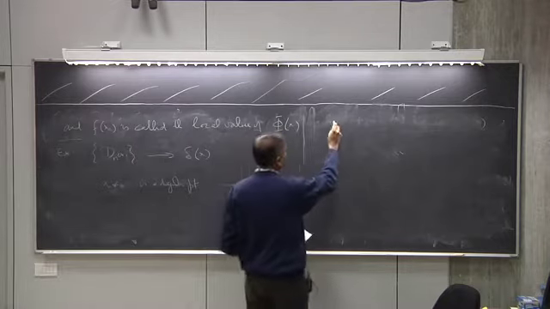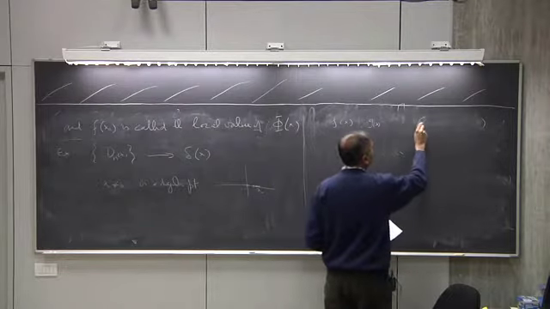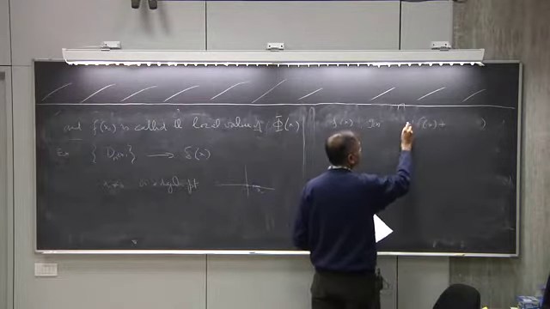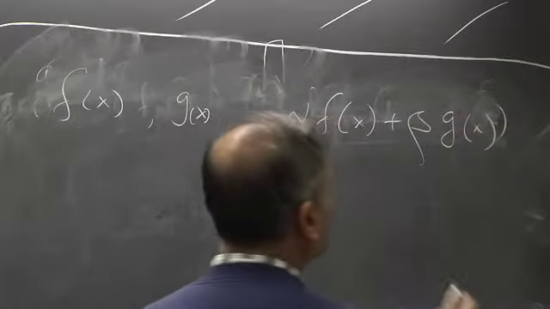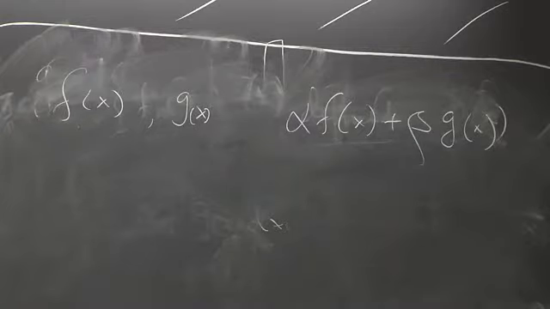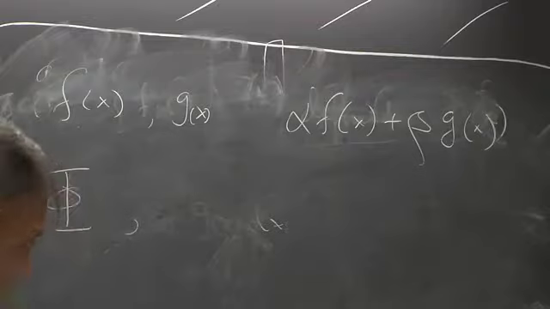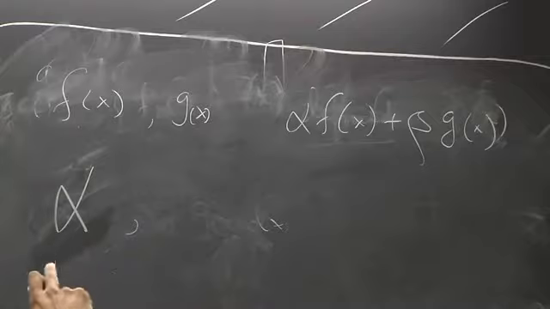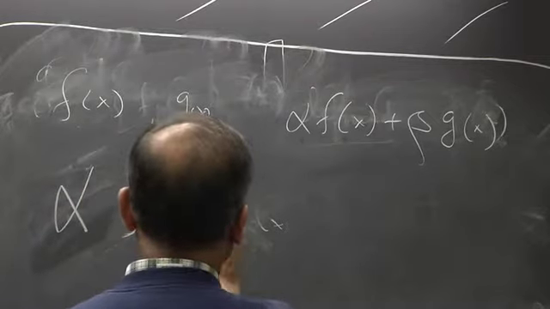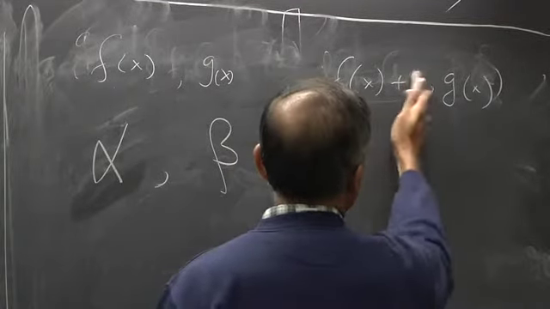So for example, adding functions. For ordinary functions, if I'm given f of x and g of x, then I know what is the meaning of adding these functions. In fact, any number times a function f plus any number times function g, I know what it means to add. So now suppose I'm given two generalized functions, alpha and beta.